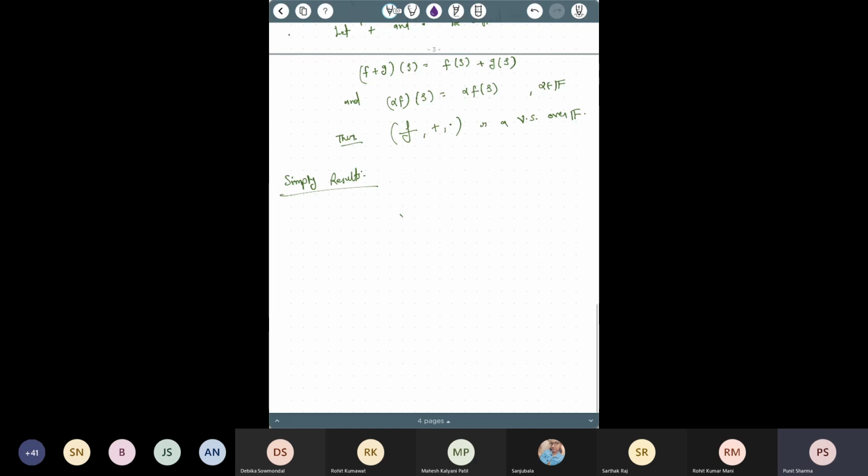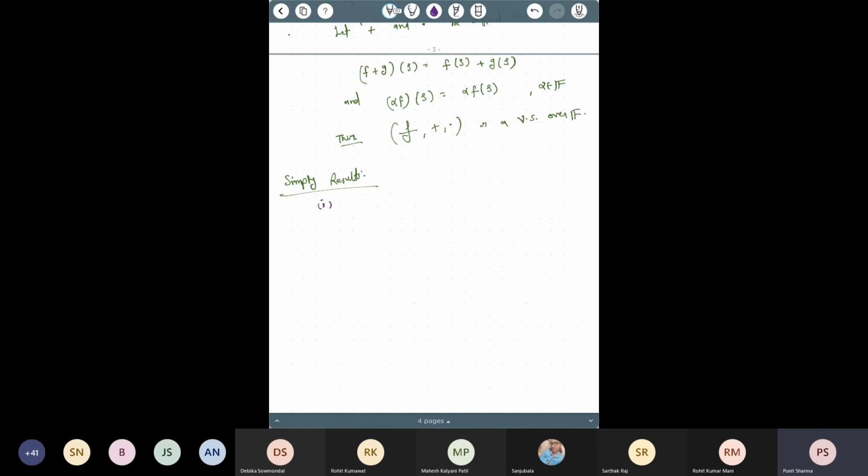So we have defined the vector space. We have also looked at some examples of vector space. Now let us look at some simple results. These are very obvious things, but although they look very easy, we use them very frequently, and some of you might not be aware of them.